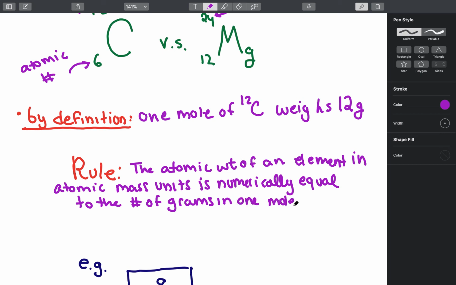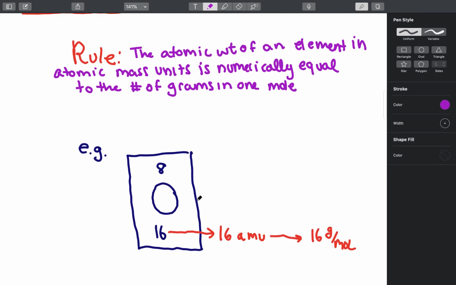So that is the general rule that you have to know.